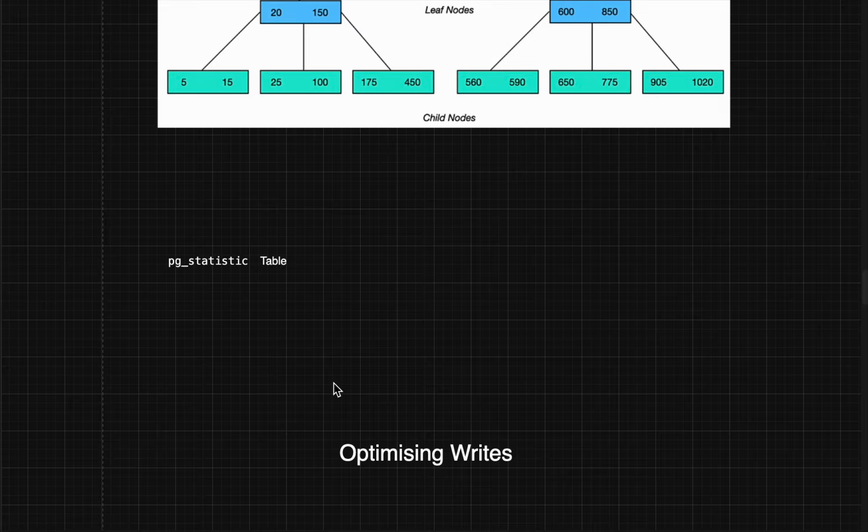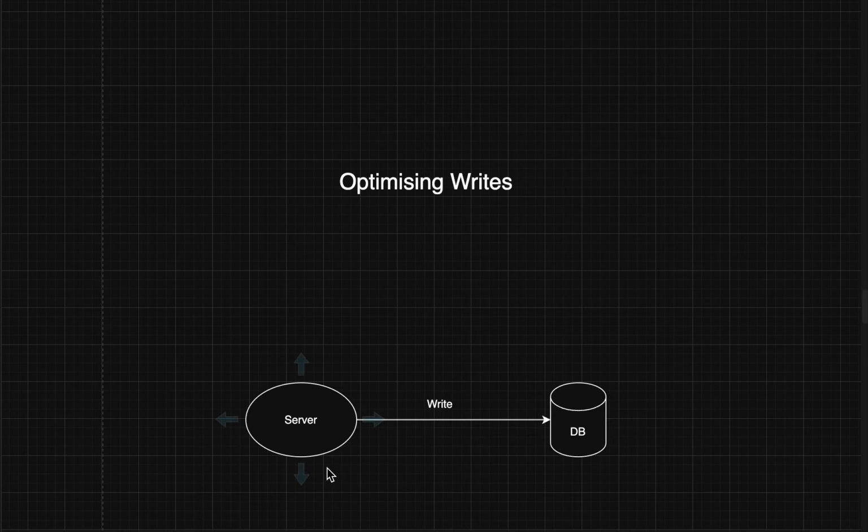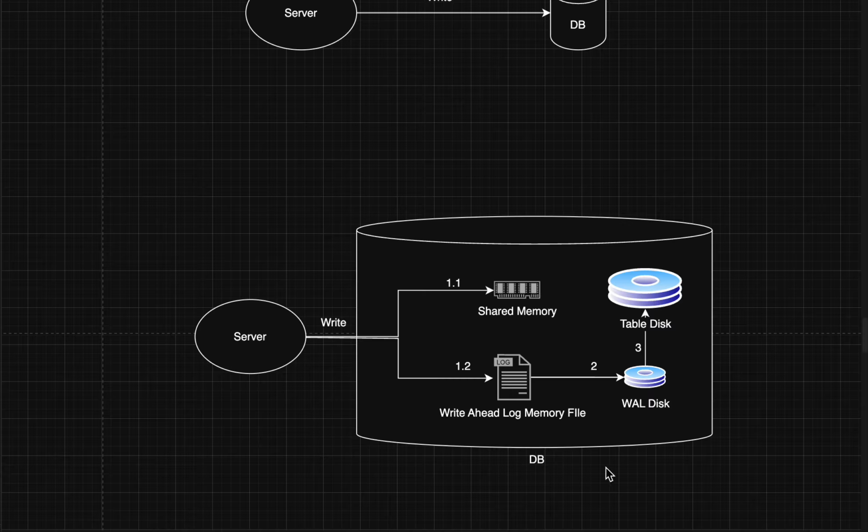How does a database write? What we see here is that from a server we send a write request, and in the DB the record is written. But let's see what actually happens internally when we do writes inside our DB. As soon as we do a write operation, it writes in memory, or in shared memory.